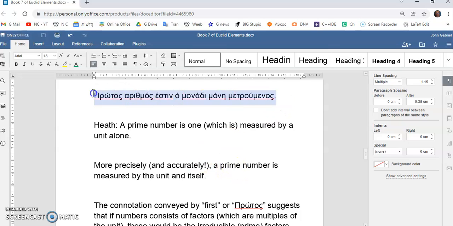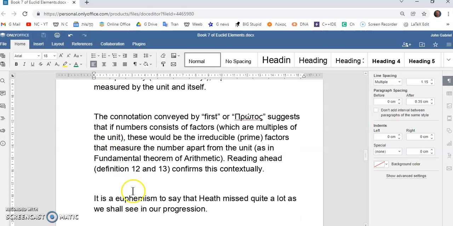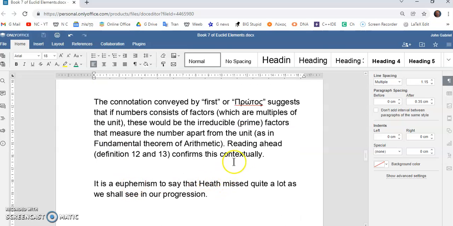Heath didn't really add that in. His translation seems fairly accurate. So it seems that the blame lies more with Euclid than with Heath in this case. Okay, so the connotation conveyed by first, or Πρώτος, which is first in Greek, suggests that if numbers consist of factors, which are multiples of the unit, these would be irreducible prime factors that measure the number apart from the unit, as in the fundamental theorem of arithmetic, or the factor theorem, which is another name for the fundamental theorem of arithmetic.